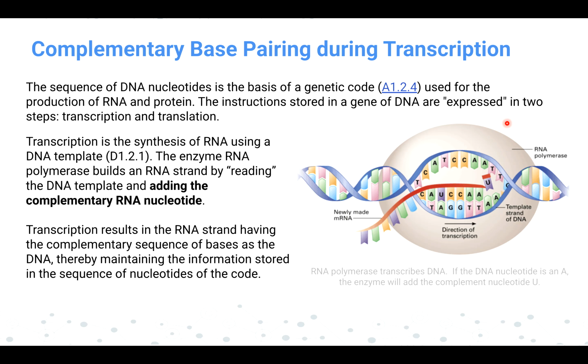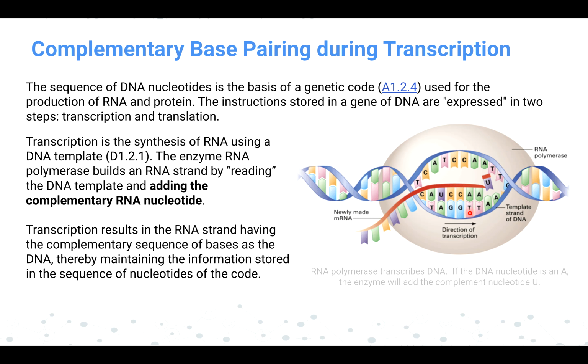Again, the base pairing is happening in the transcription process. During transcription, the DNA strand will open, and one of the DNA strands will act as a template for the formation of the mRNA molecule. So the sequence of DNA nucleotides is the base for the genetic code used for production of proteins and RNA molecules.